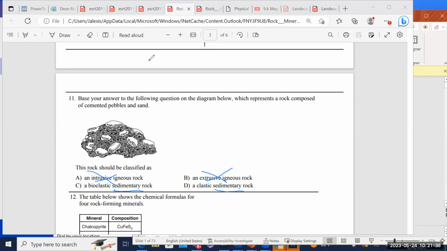Sedimentary and sedimentary. What is the difference between bioclastic and clastic? The difference is in the prefix. Bio means life, so a bioclastic sedimentary rock is a sedimentary rock that may have organic remains in it.